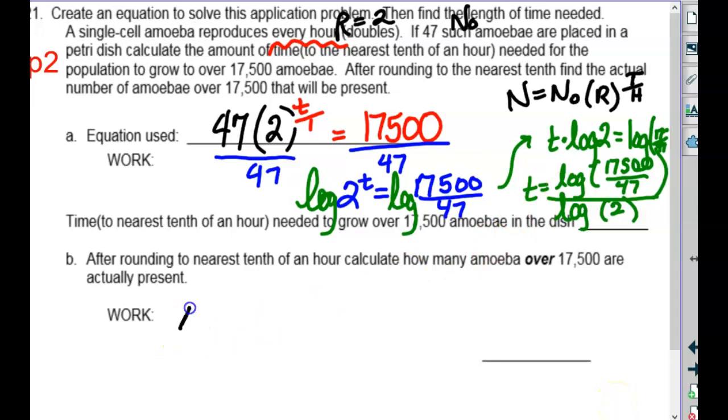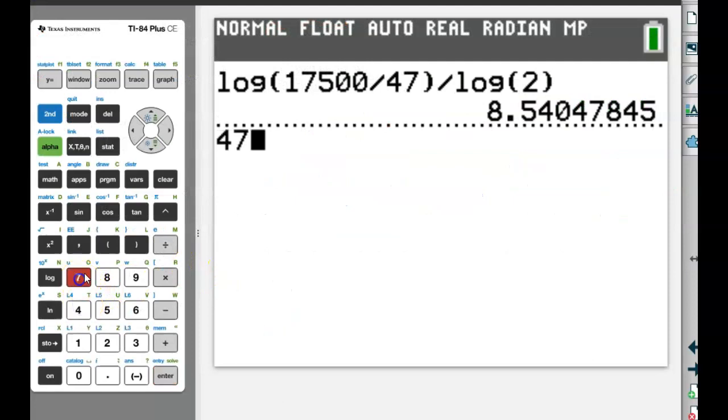So what we have to do is put it back in, 47 times 2 to the 8.5.